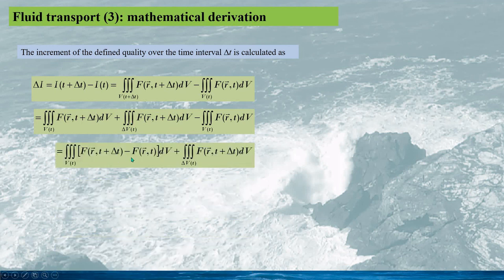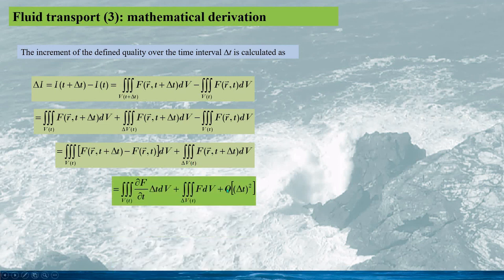If we reorder the formulation, we have this. And we can further write the formulation as this using the increment of the physical parameter F. So we have this equation.